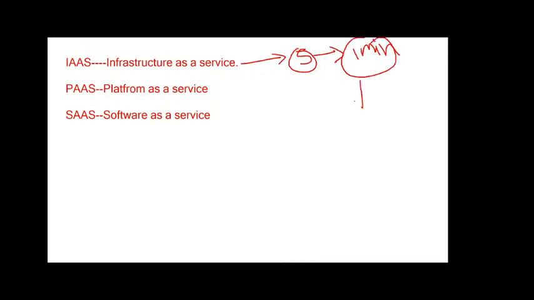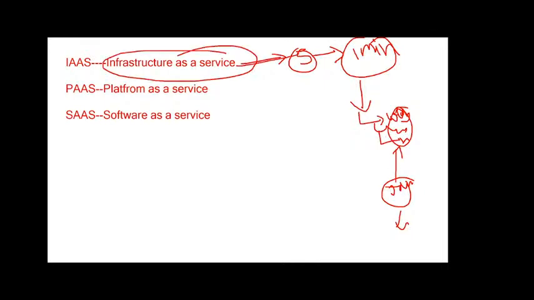Then on top of it, to host the Java application, you have to install web servers, WebLogic, WebSphere, JBoss, or Apache Tomcat server, and on top of it host your Java application. That should be managed by yourself. The cloud vendor just provides the virtual machines, and the remaining management should be taken care of by yourself. Why? Because the application is yours, the management is yours. That is infrastructure as a service.